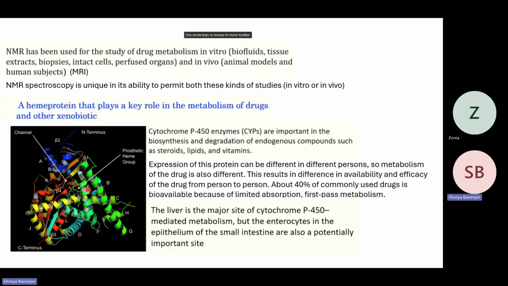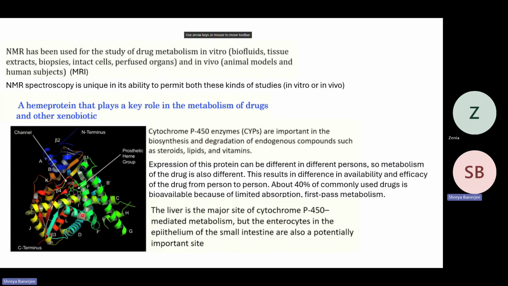We are looking at an example protein, cytochrome P450 enzymes or CYP, which are important in biosynthesis and degradation of endogenous compounds, such as steroids, lipids, and vitamins. The expression of this protein can be different in different persons. So this protein is causing the degradation of these compounds.